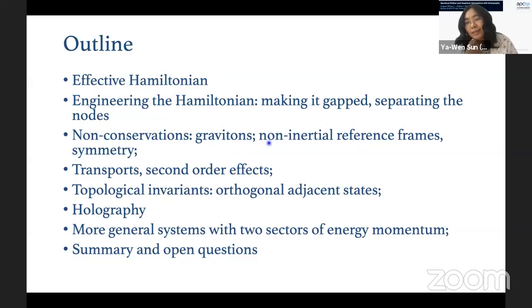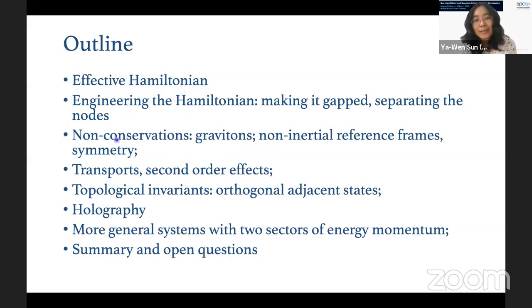And this gravitational field could be produced by a coordinate transformation from an inertial reference frame to a non-inertial reference frame. So in principle, this could be tested in experiments. These first three parts are the main message that I want to deliver in this talk.